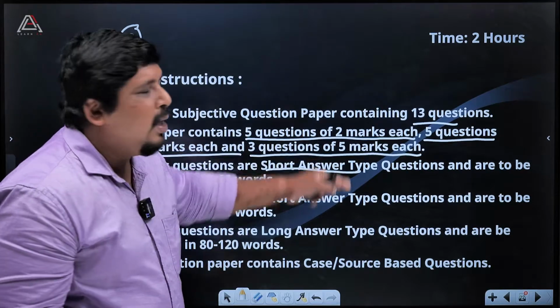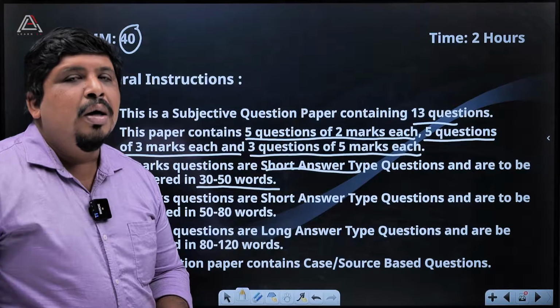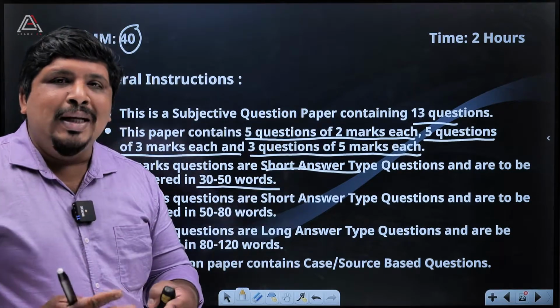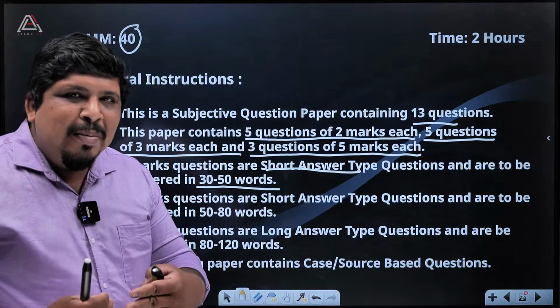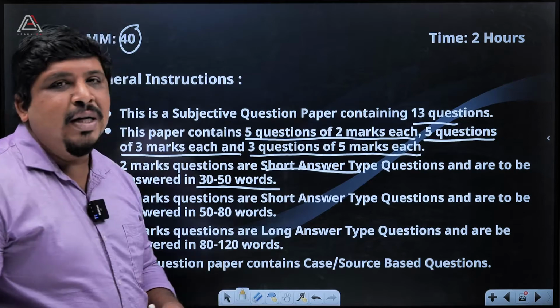You will get 2 marks. Some students write more, but there is no need, because it is only 2 marks. Write the minimum, 30 to 50 words.